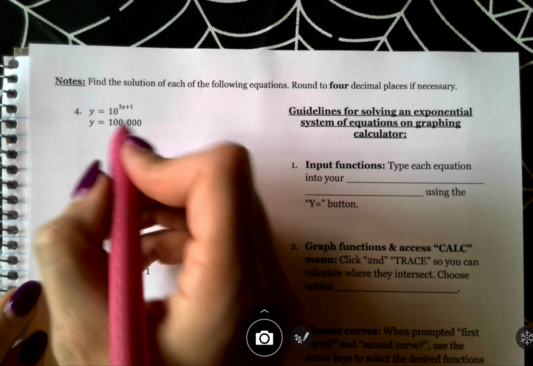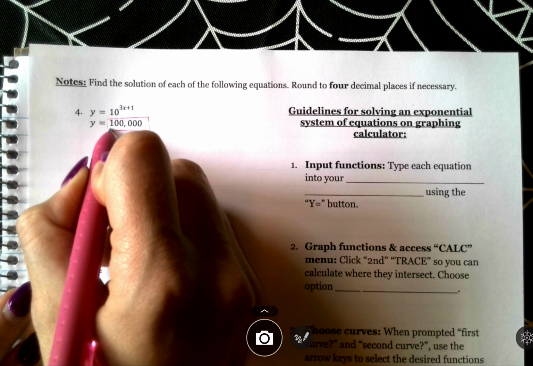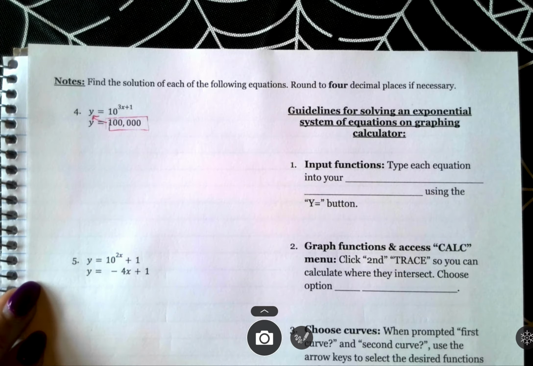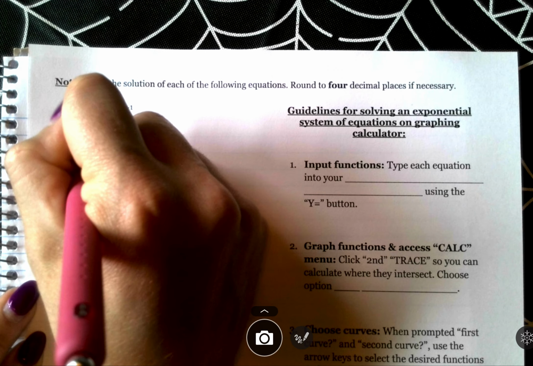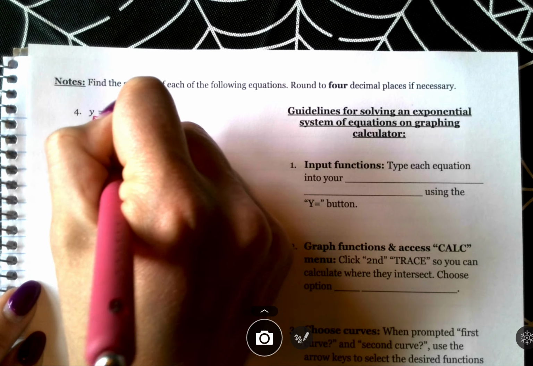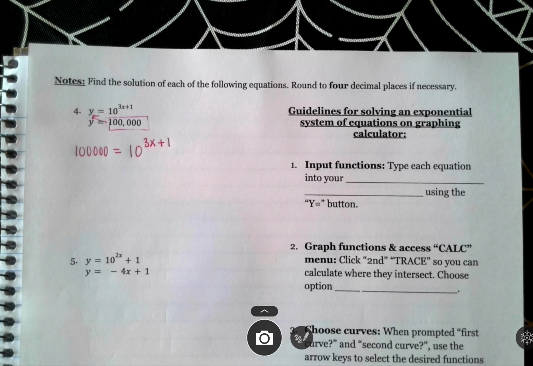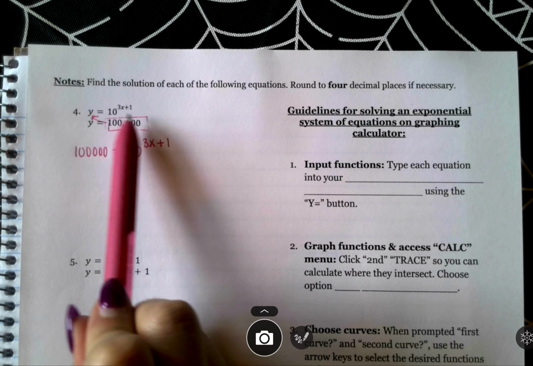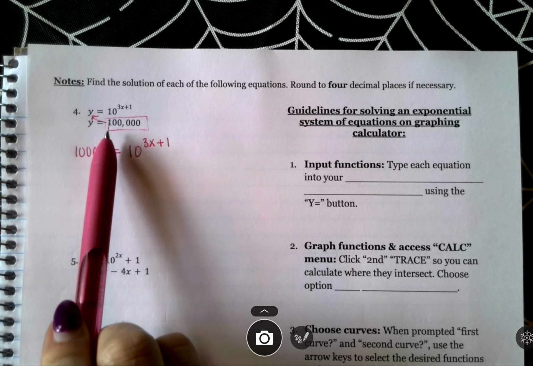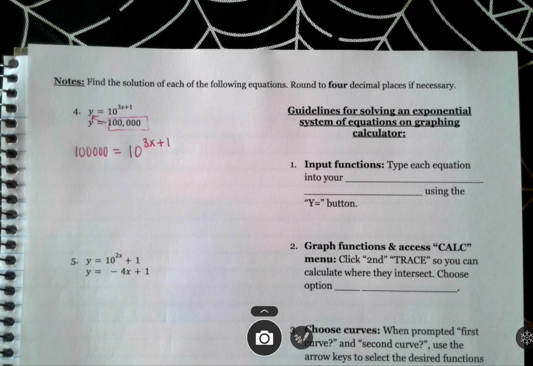So what that means is if y equals 100,000, this 100,000 is going to go in place of y, and I can rewrite my equation as 100,000 is equal to 10 to the power of 3x plus 1. I can also think about it as if they both equal y, I set them equal to each other. So I take my 100,000 and I set it equal to the 10 to the power of 3x plus 1.